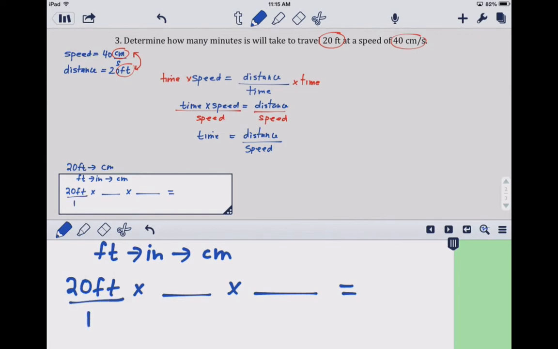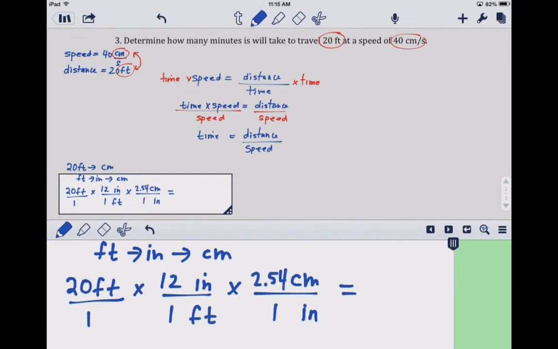Feet is in the numerator, so I need to put feet in the denominator, so it will cancel out. Inches up top. I know 1 foot is 12 inches. I'd like to get rid of inches, so I have to put it opposite to the other inches. So inches in the numerator requires inches in the denominator. And I want centimeters up top. 1 inch is 2.54 centimeters.